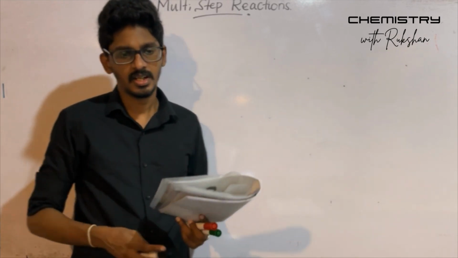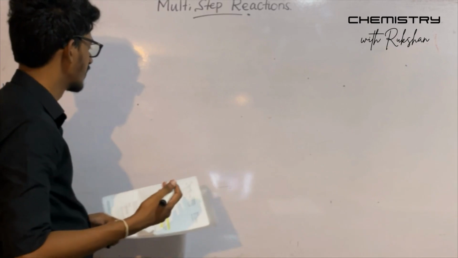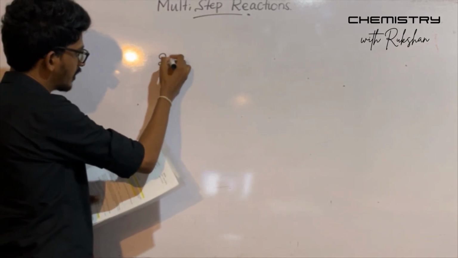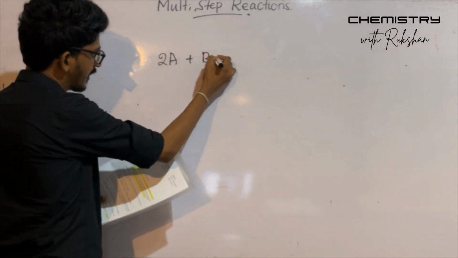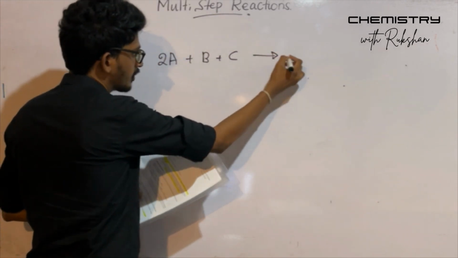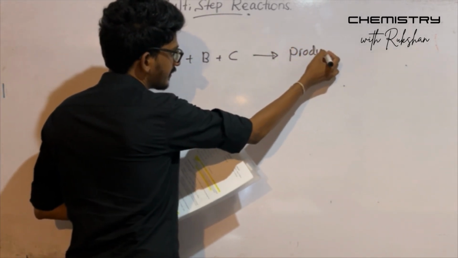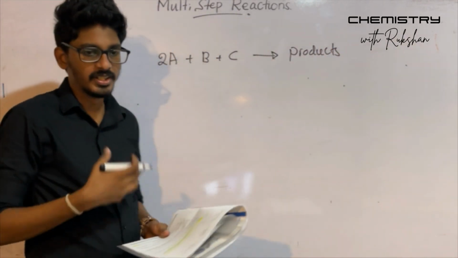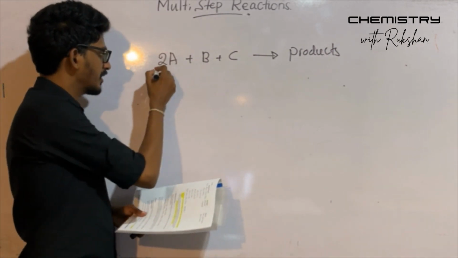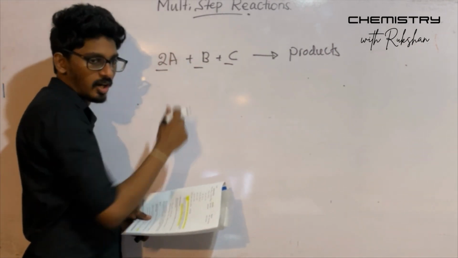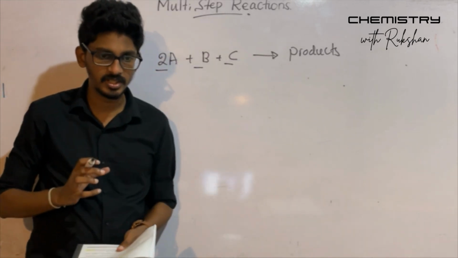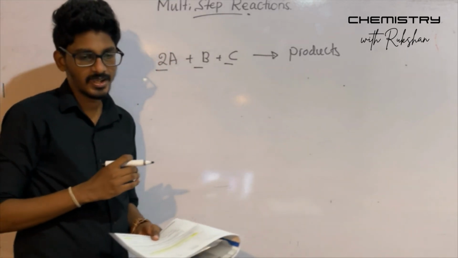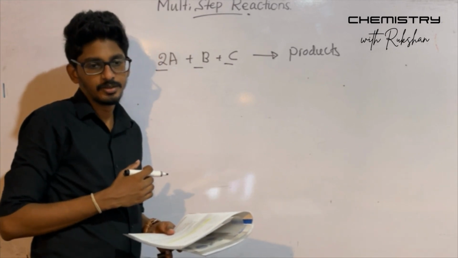If you think of this kind of a reaction, 2A plus B and C gives you some product, you clearly see the summation of stoichiometric coefficients of the reactants exceeds 3 units.